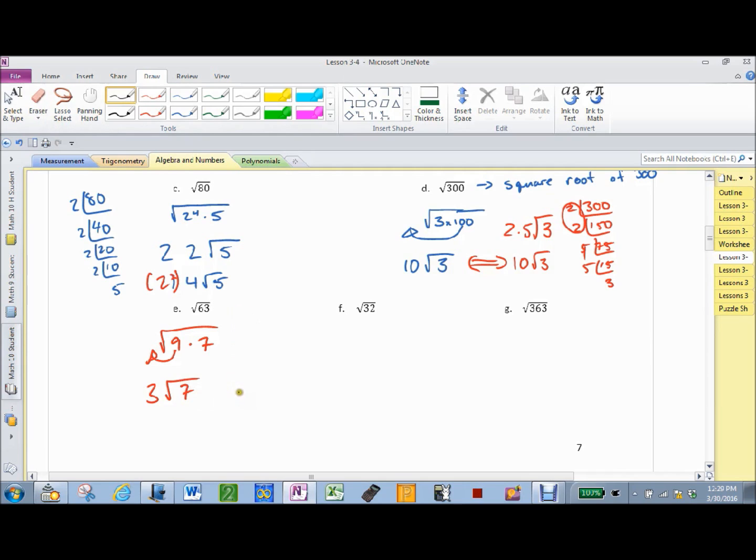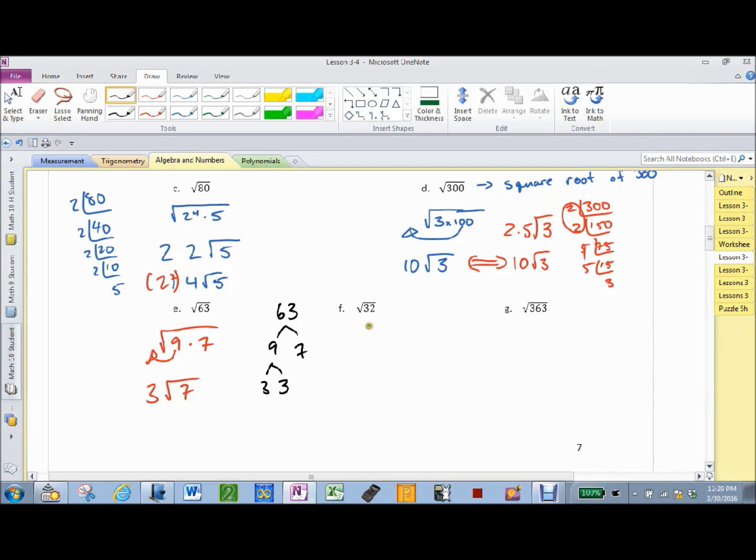Could Josh do the long way? Could he go, okay, 63 breaks down into 9 and 7, which breaks down into 3 and 3. Oh, there's my pair. Will it still work? Yes. But it's helpful if you can find a square root. What about 32? Does it have a square root that's part of its factors?